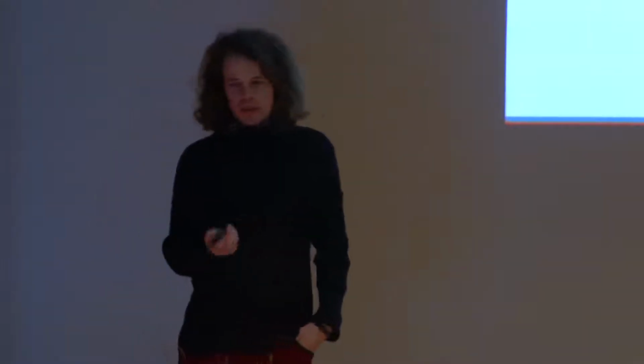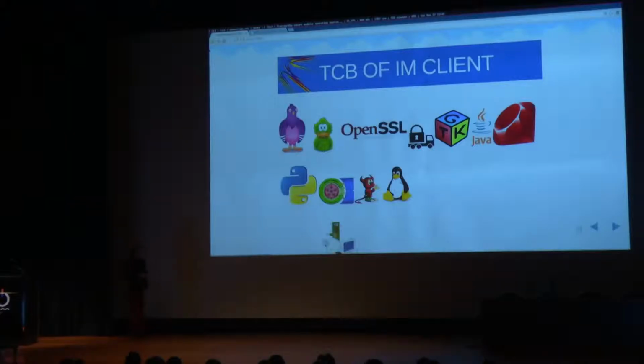And here on the right side, you also see the operating system, be it Linux or FreeBSD or whatever else. The kernel, which provides you with a TCP/IP stack, and which provides you with hardware device drivers. That is also part of the trusted computing base. And then, last but not least, we also have the different pieces of hardware, your disk device, your hard drive, and so on, which all contain some firmware, which is part of the trusted computing base.